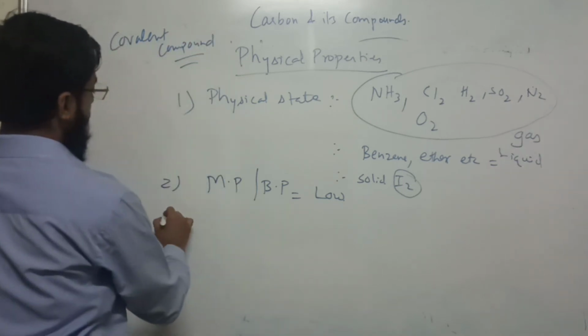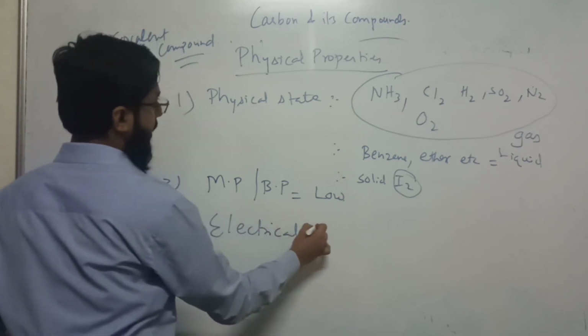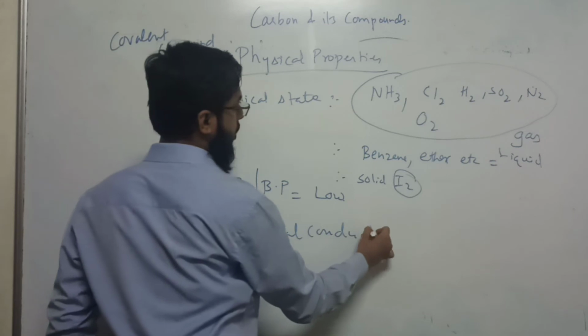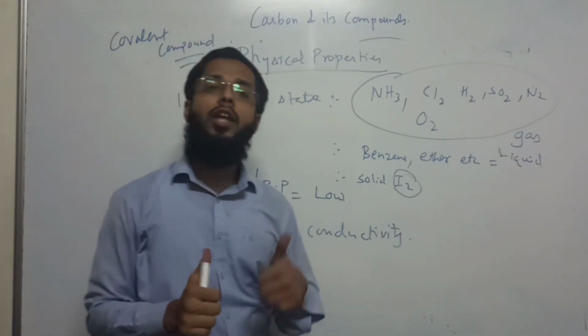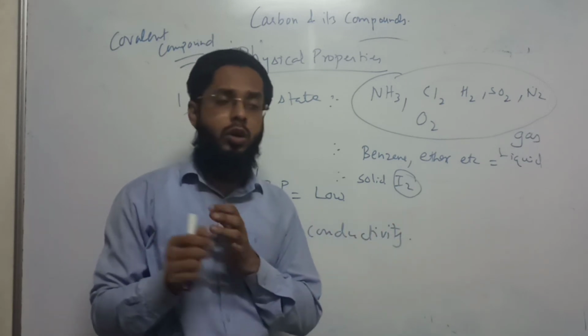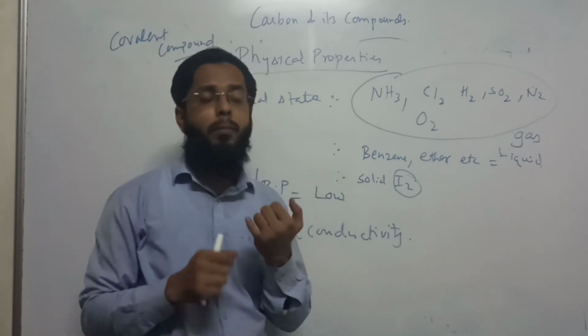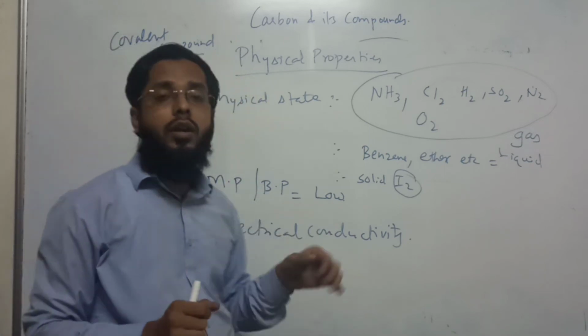Next, let's talk about electrical conductivity. A material that passes electric current is called a good conductor. Any metal will pass it, so they are good conductors. But plastic is a bad conductor, wood is a bad conductor. So who passes electric current?